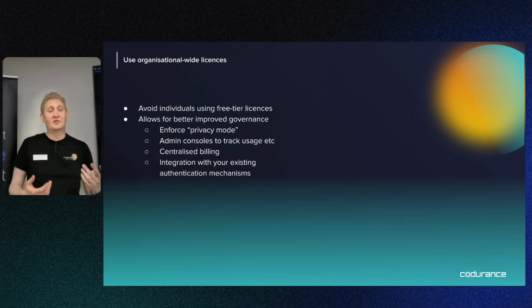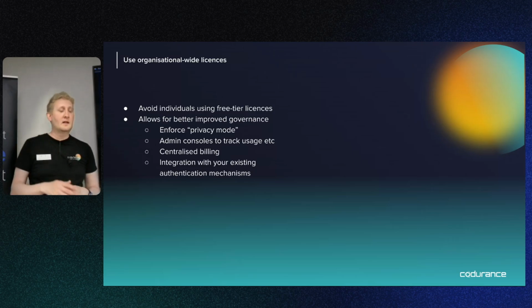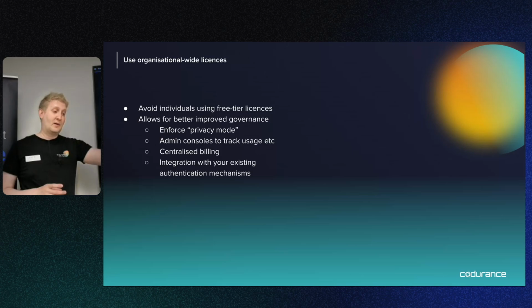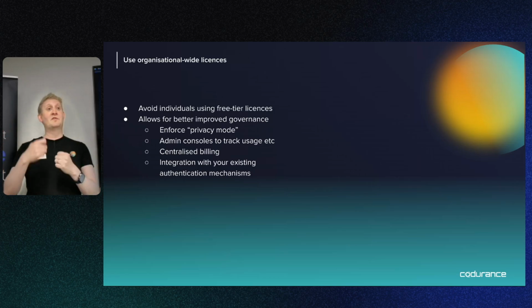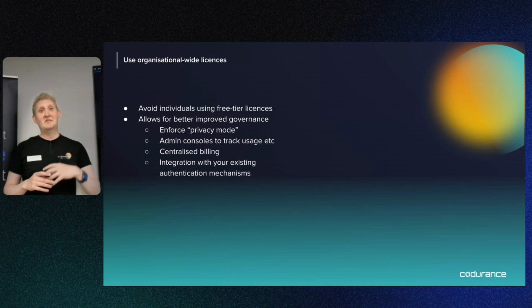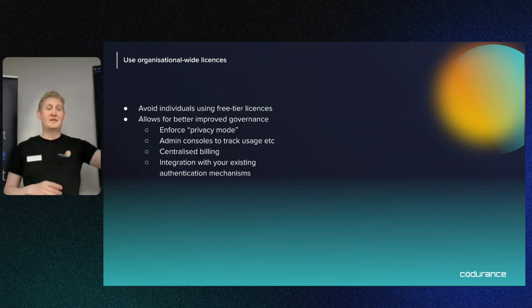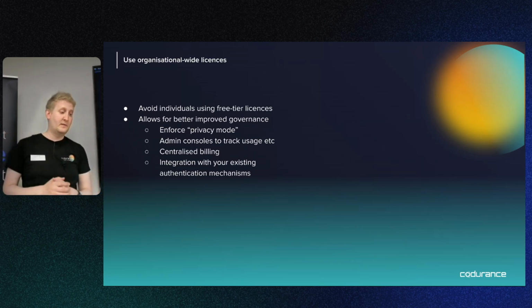As an individual, you can toggle that on and off so your data is not being saved away and potentially used for training later on. At an organization level, you can enforce that and be confident that no data is going to go to the outside world and potentially be used for training further models.